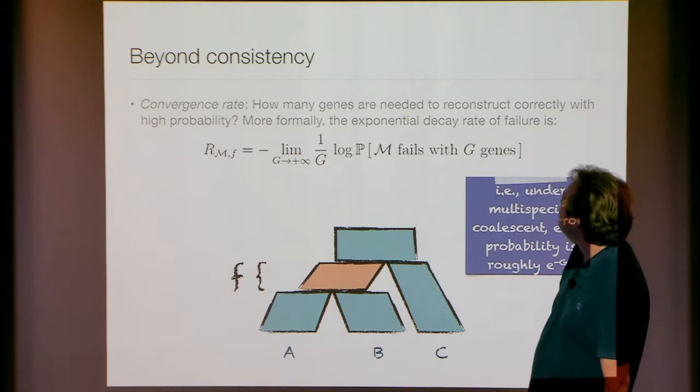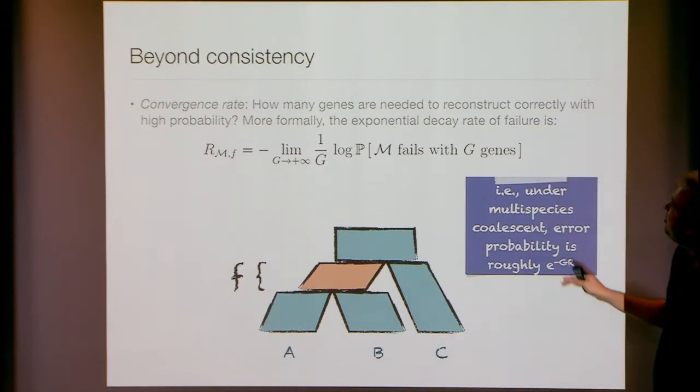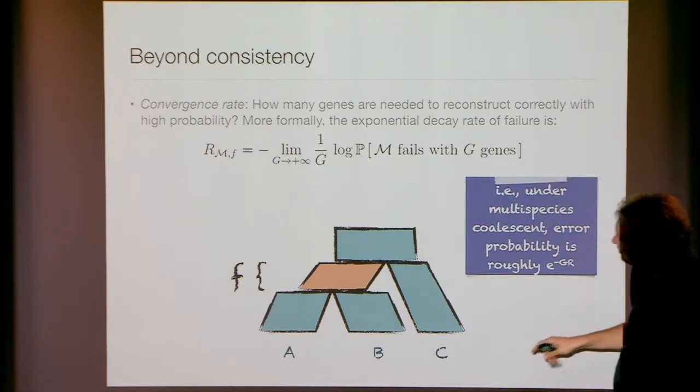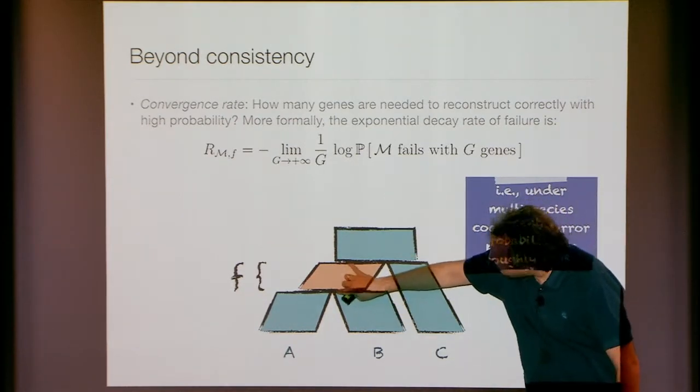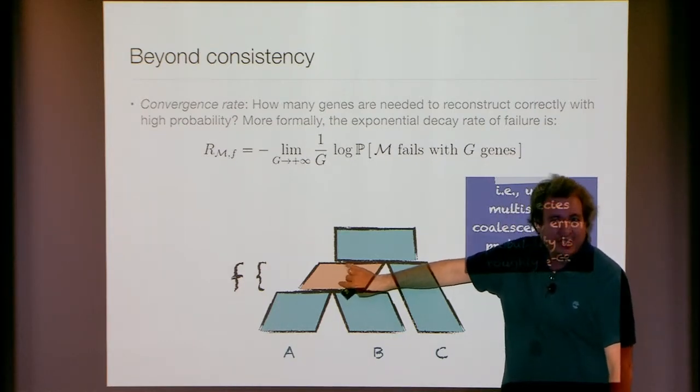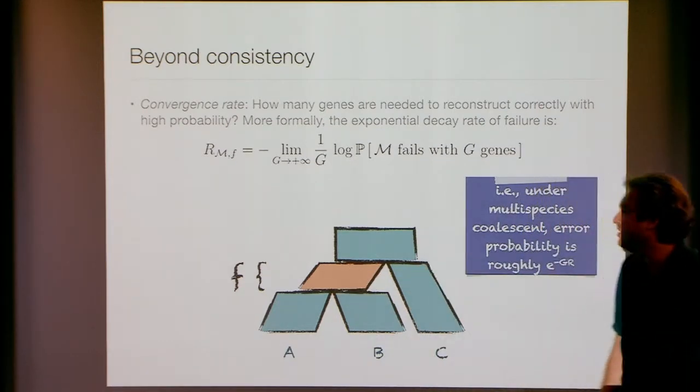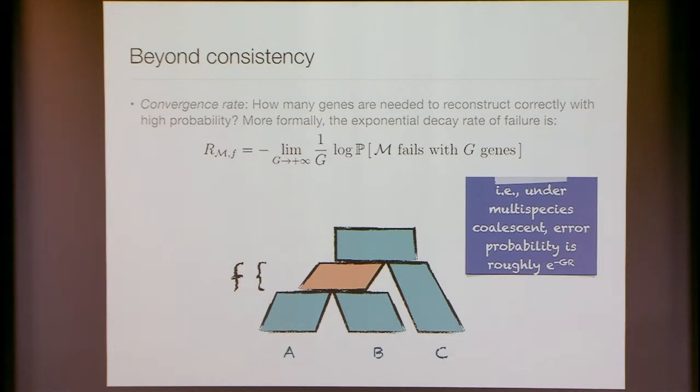For the convergence rate, if I think of the probability that a particular method fails to detect that A and B were the closest ones in this case, this probability of failure is going to decrease exponentially as the number of genes goes to infinity. You can show that. It's going to decrease at a certain rate R, which is going to depend on the method, and also on the strength of the incomplete lineage sorting, how short this branch is. And by comparing these R's, you can figure out which methods are better than others.